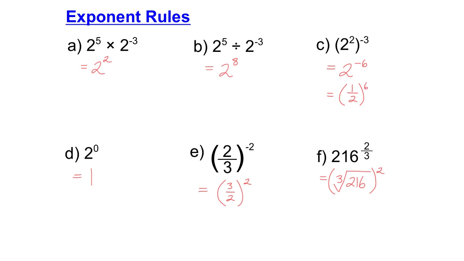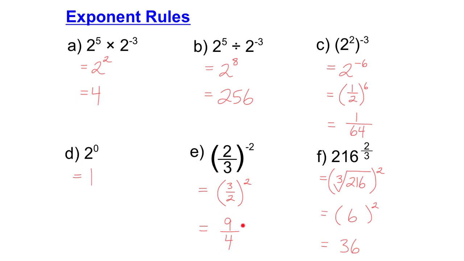Anyway, if you have a positive exponent, you can actually work out what the expression is equal to. 2 squared is 4. 2 to the exponent 8 is 256. A half to the exponent 6, well, we can split that up. 1 to the exponent 6 is 1. 2 to the exponent 6 is 64. So a half to the exponent 6 is 1/64. 2/3 to the exponent negative 2 is 3 over 2 to the exponent 2. 3 squared is 9. 2 squared is 4.